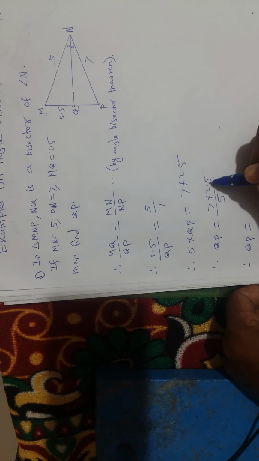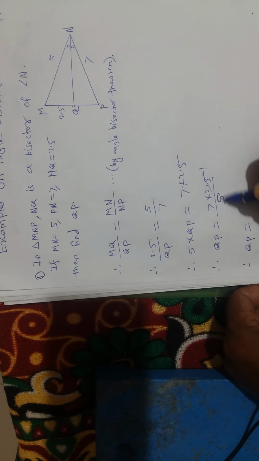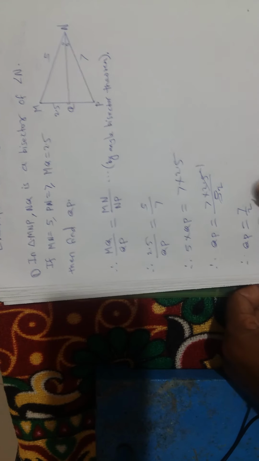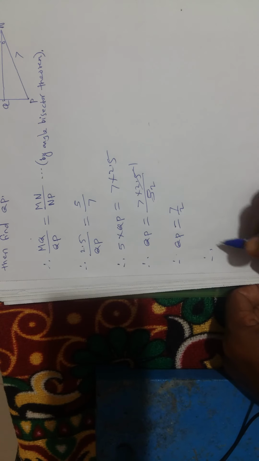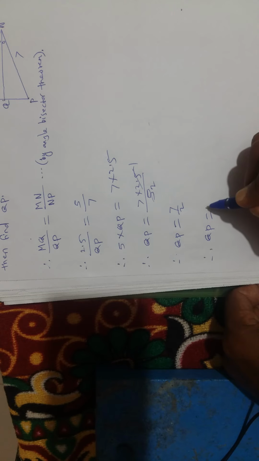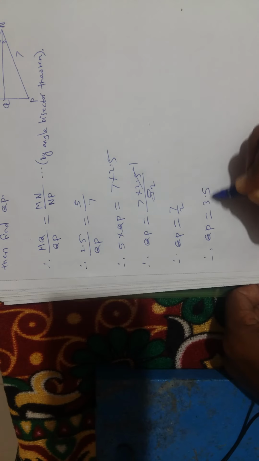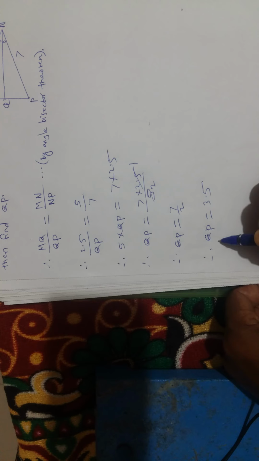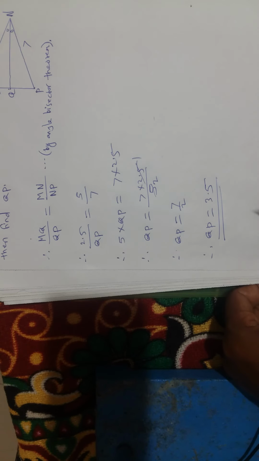So here QP is equal to 7 into 2.5 upon 5. 5 into 2.5 is... 2.5 twos are 5. QP is equal to 7 into 0.5, and therefore QP is equal to 3.5. The value of QP is equal to 3.5.